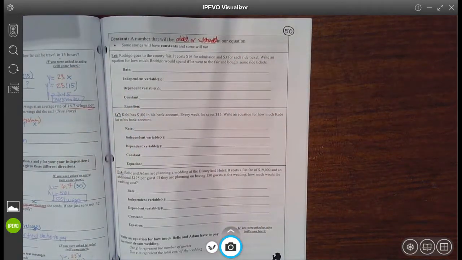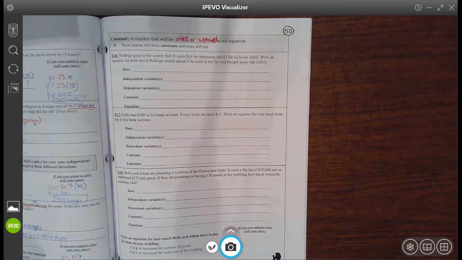Okay, so let's see if we can find the difference between the rate and the constant in this problem. It says Rodrigo goes to the county fair. It costs $16 for admission and $3 for each ride ticket. Write an equation for how much Rodrigo would spend if he went to the fair and bought some ride tickets. So, which one's something that happens like only once?